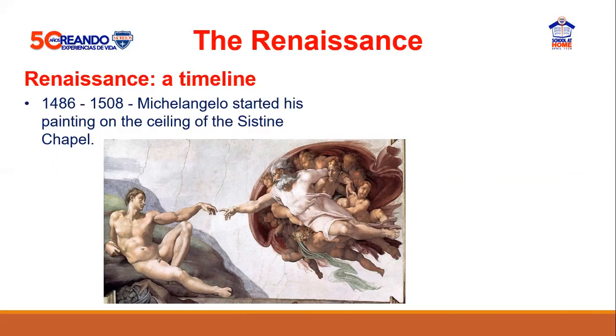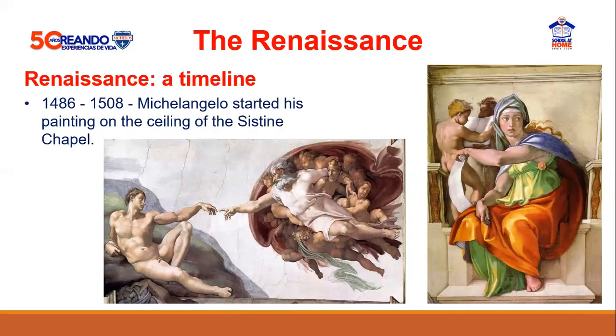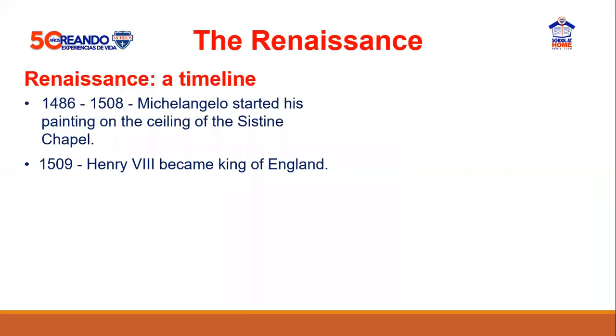Right now, we are looking at the creation of man, how God is represented with some human nature, and how Adam is touched and given life. And on the right side of your screen, you can see just a detail of the ceiling at the Sistine Chapel.